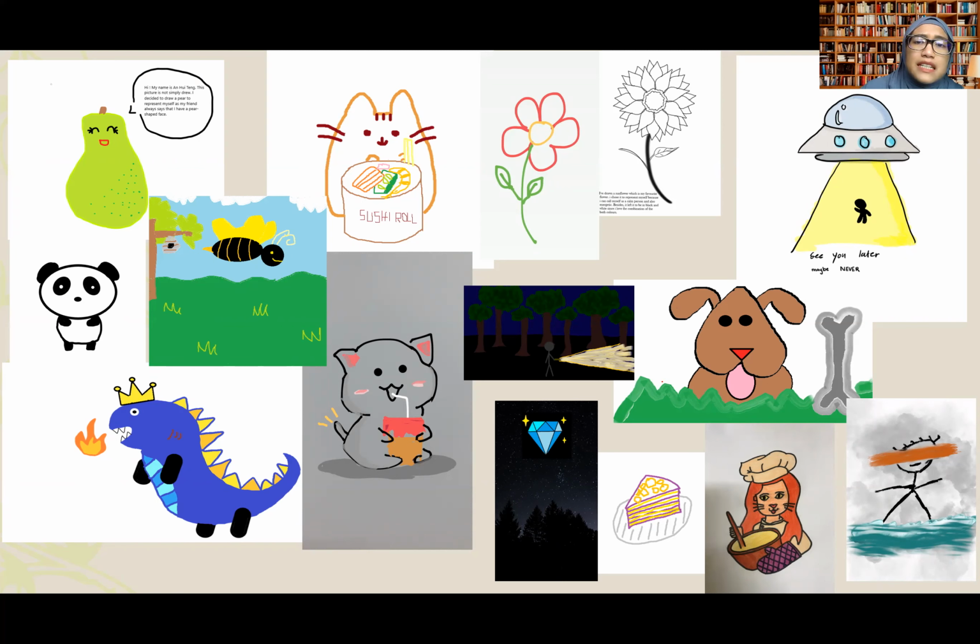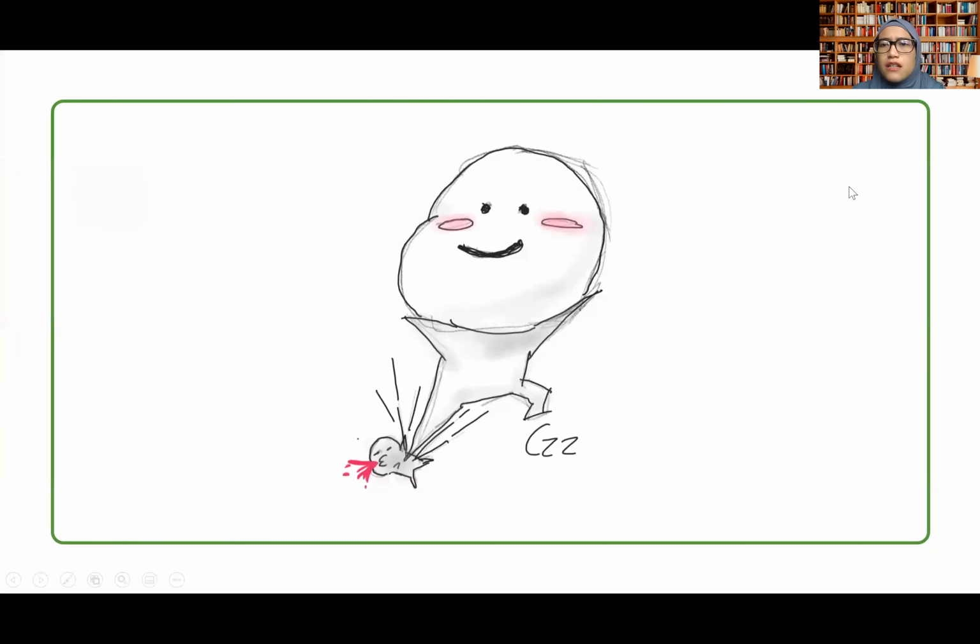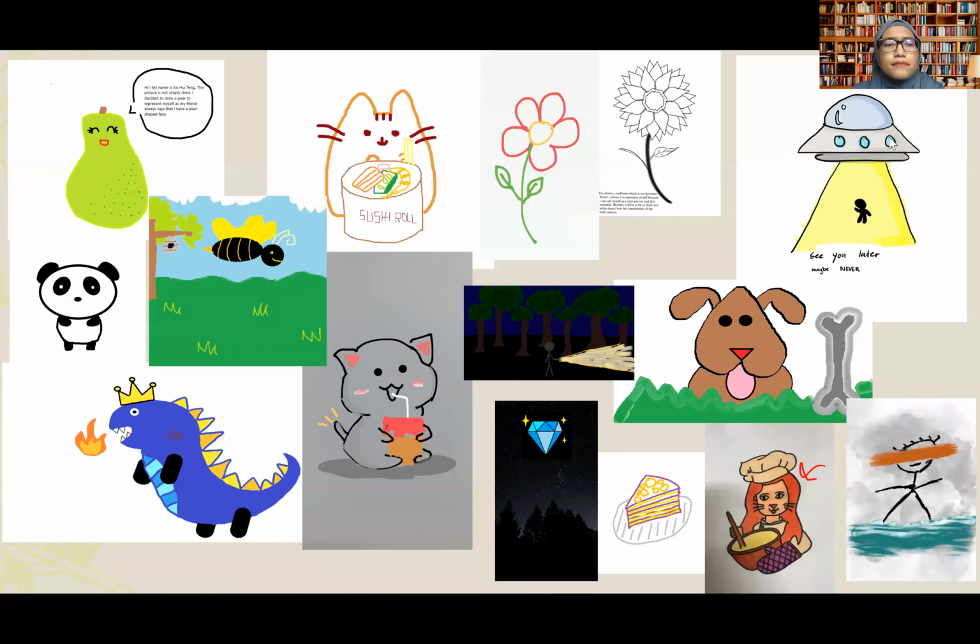We have a bee in the class, we have 2 flowers in the class, we have a dog, we have a cake, we have a cat looking pastry chef. We have also a pretty interesting one. I believe we have an alien in our class.